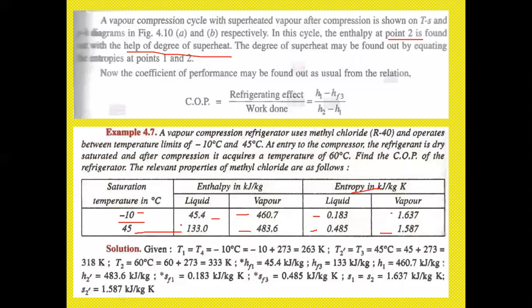Next, H1 is equal to 460, and H2 dash is equal to 483.6. SF1 is equal to 0.813, and SF3 is equal to 0.485. S1 is equal to S3 is equal to 1.6, and S2 dash is equal to 1.587. So this is the given data.